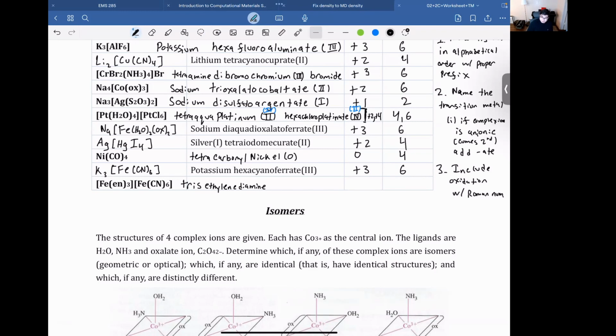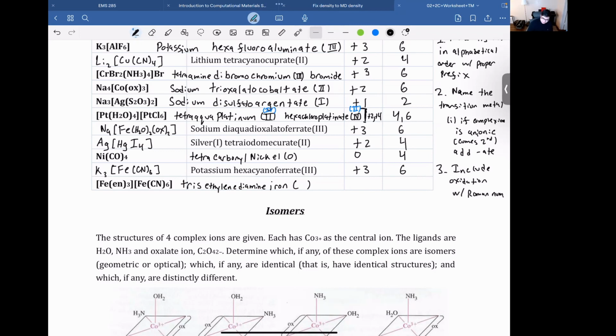And then we have the iron. The way you name iron is just iron if it's cationic; it's different if it's anionic, from what we saw before. Iron 3. Actually, we'll get back to that in a sec, so I'm going to leave an empty Roman numeral.